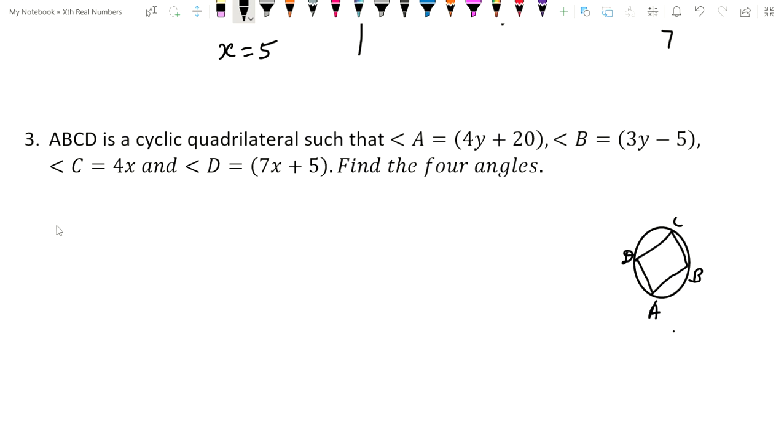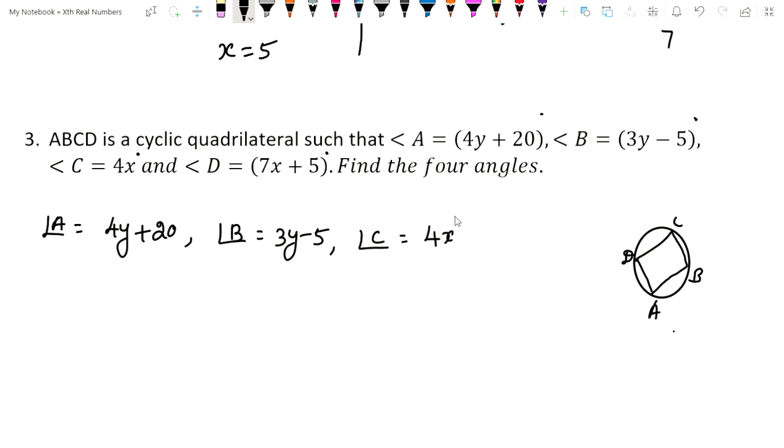Here, what are the things given? Angle A equal to 4y plus 20. Angle B equal to 3y minus 5. The degree is given. Okay, degree. And angle C equal to 4x degree, angle D equal to 7x plus 5 degree.